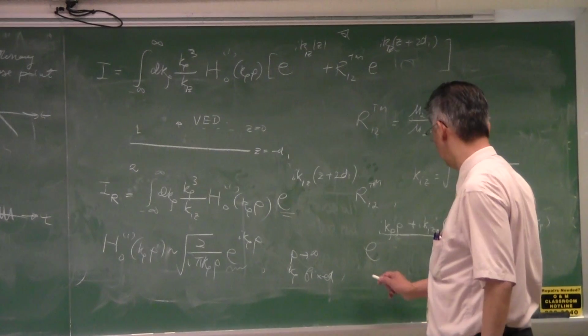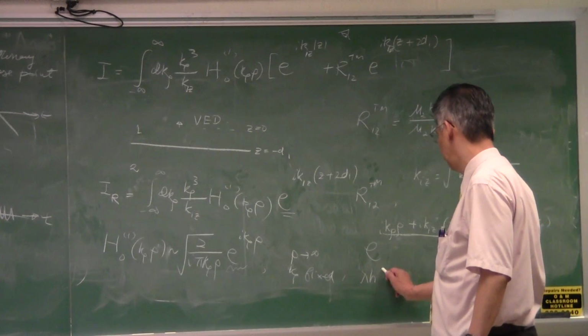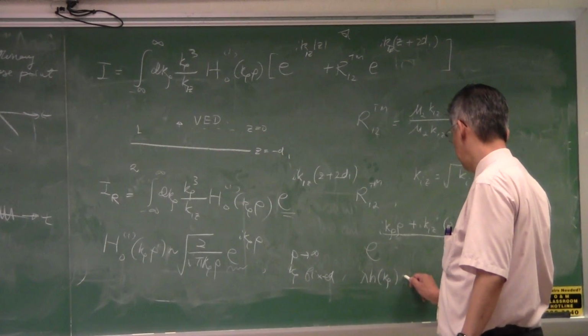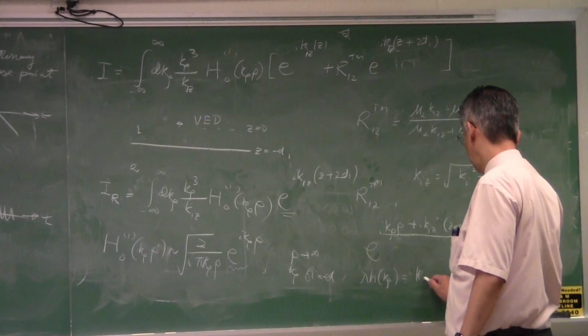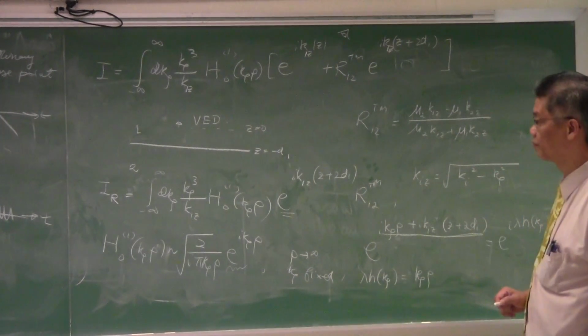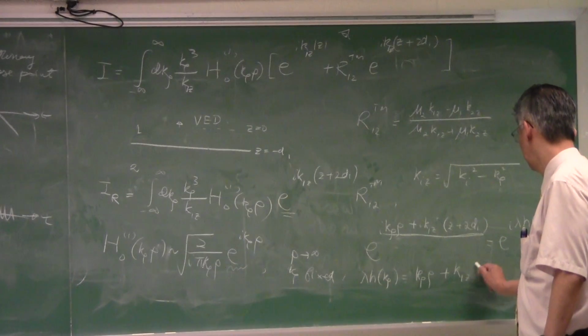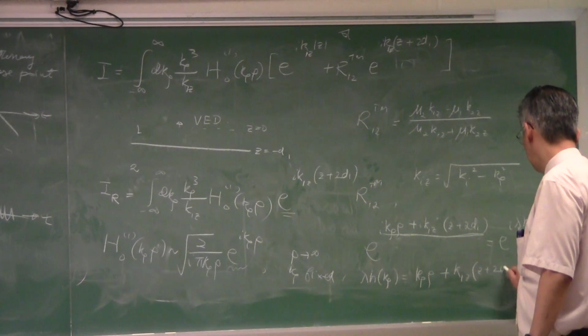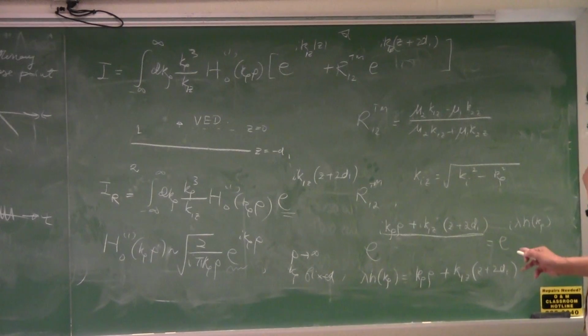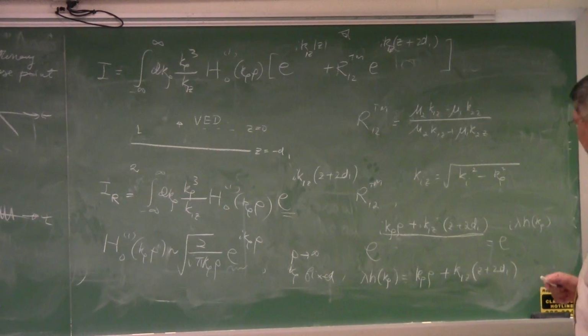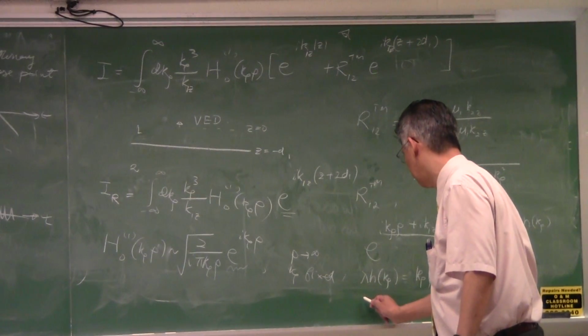Okay, we can think of my lambda h K rho as being equal to K rho rho plus K1z z plus 2d1. So I'd like to find out the value of K rho that will make this stationary. So I differentiate it once.